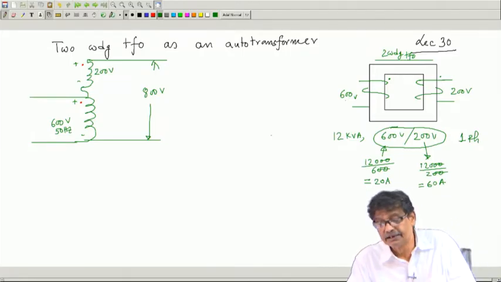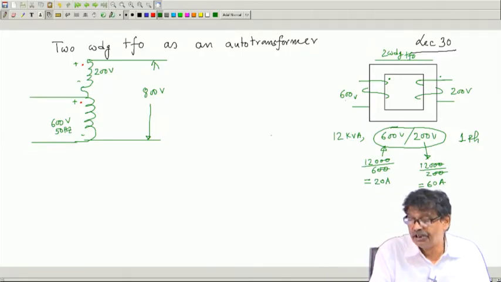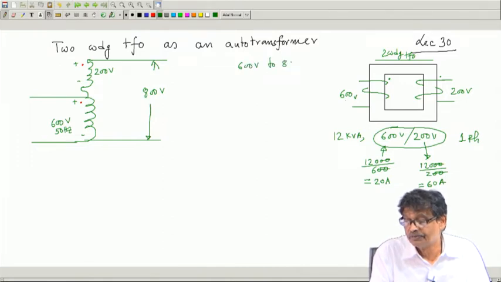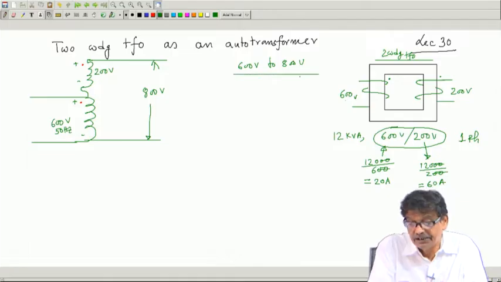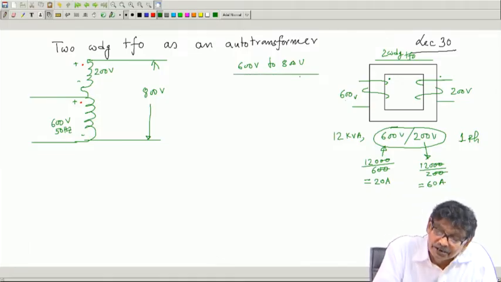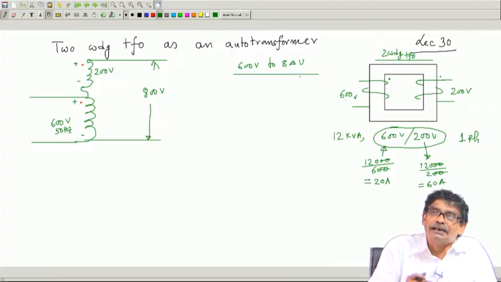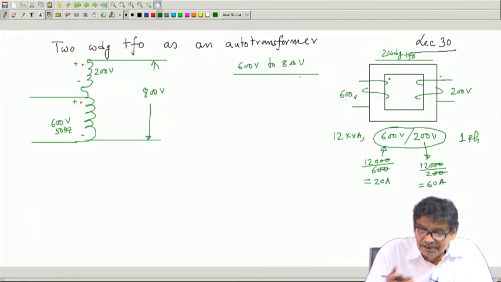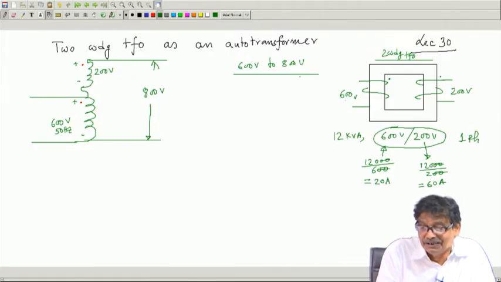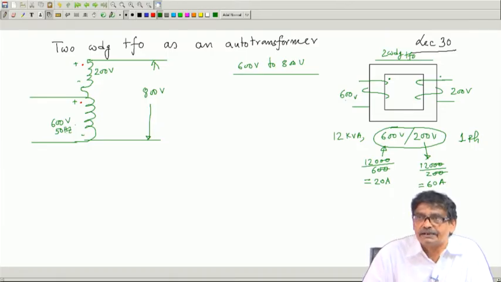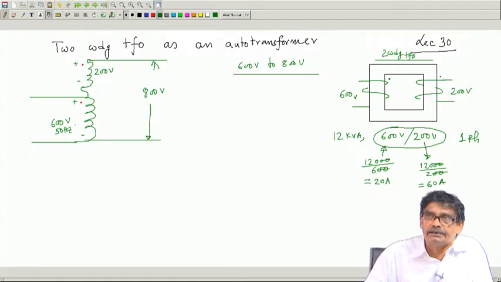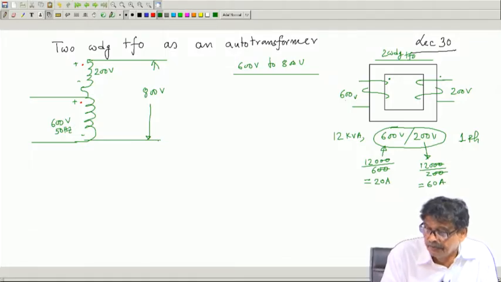Oh, this two winding transformer can also be used to change voltage from 600 volt to 800 volt, why not? Provided you connect like this, and the moment you connect like this, you can immediately tell, it is like an auto transformer, where you are stepping up the voltage. That is the thing I want to tell. It can be connected in this way, 800 volt.